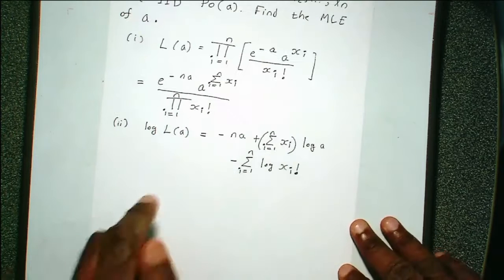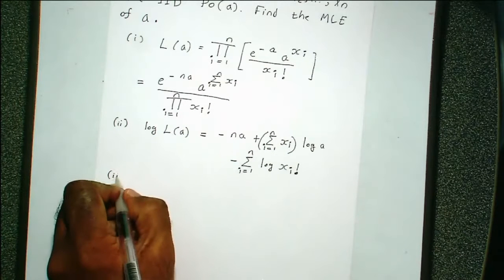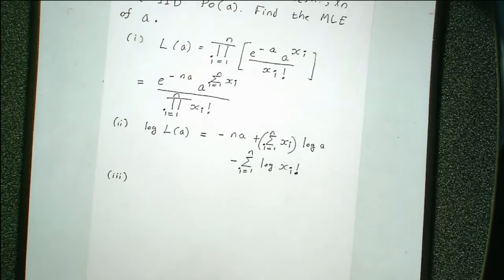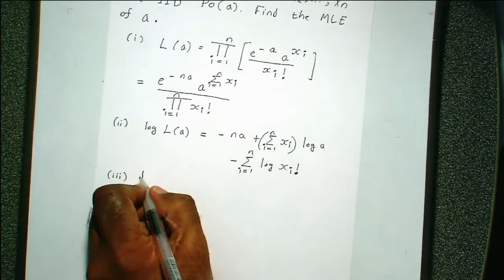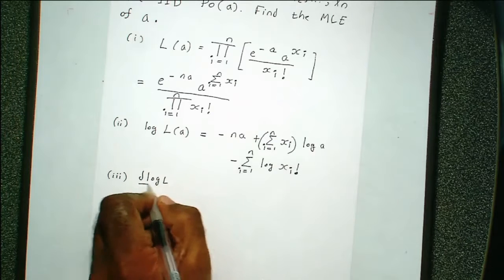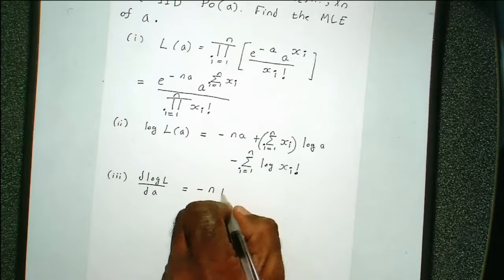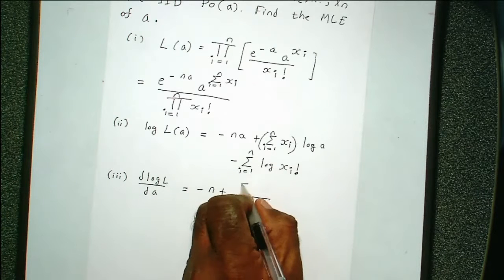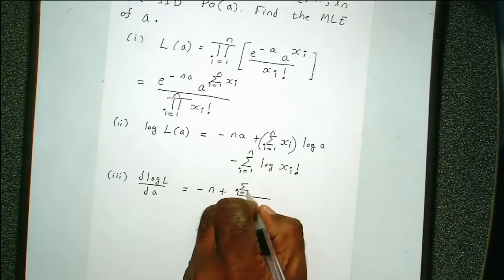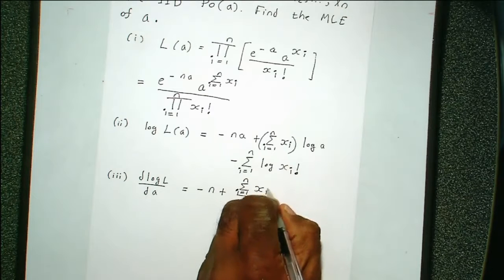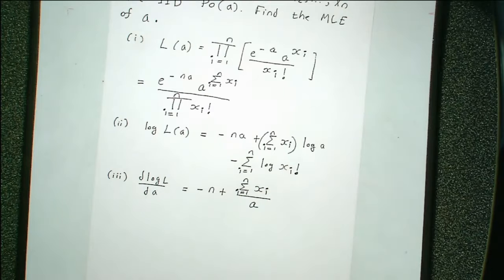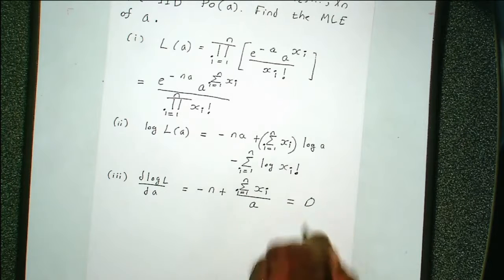And the next step is to differentiate the log likelihood with respect to A. So you get minus n plus the sum of xi over A, and the derivative of log A is 1 over A, as you know. Set this to 0 and solve for A.